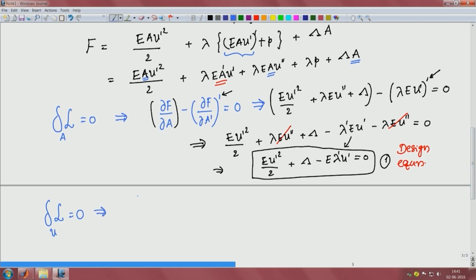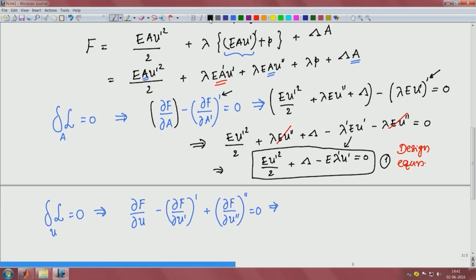If we take that, it will be dou f by dou u, because u is present in the integrand f, minus dou f by dou u prime prime, and then there is u double prime also. So we have to include the third term, dou f by dou u double prime, equal to 0. We will also have boundary conditions, which we will come to later.